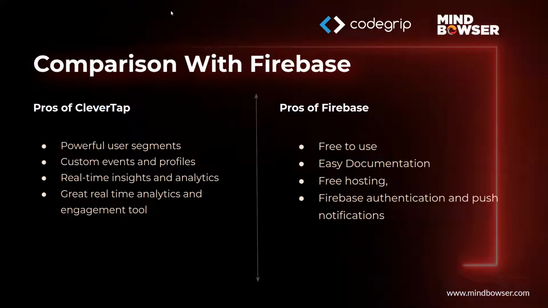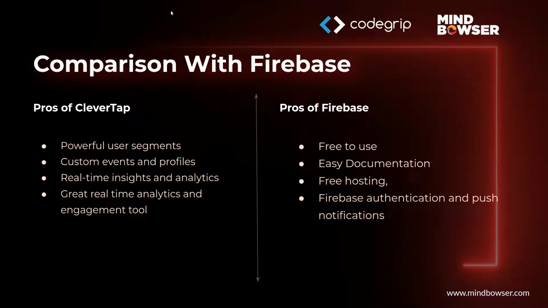Also we can create user profiles with the customized data. Then next one is real-time insights and analytics. CleverTap gives you access to real-time user behavior analytics to understand and engage with users on the right channel at the right time.